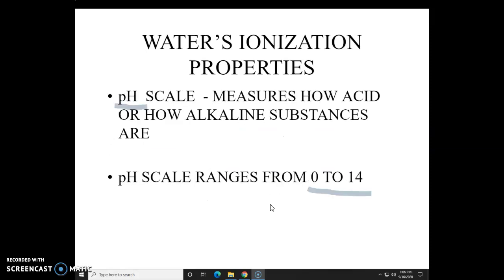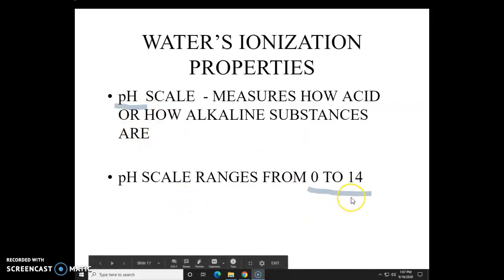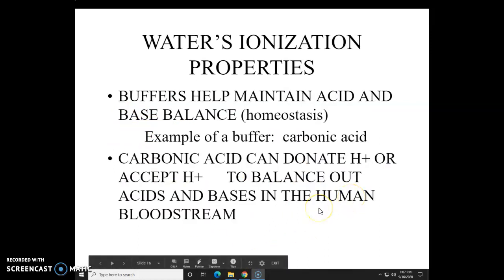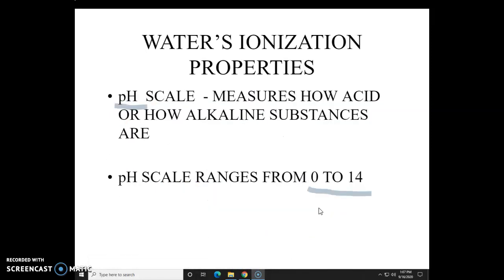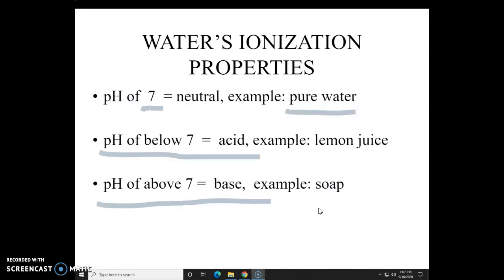Okay, concentrations of acids and bases are measured on what we call a pH scale. And the pH scale will range from 0 to 14. Pure water has a pH of 7. Acids have a pH less than 7 or below 7.